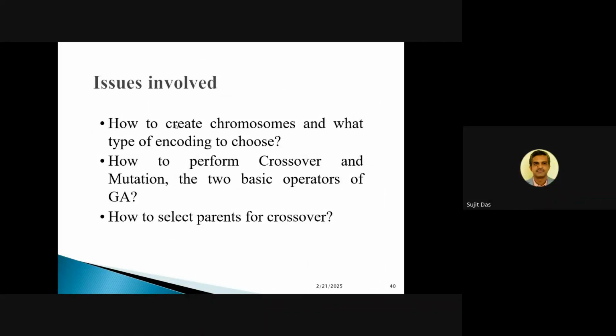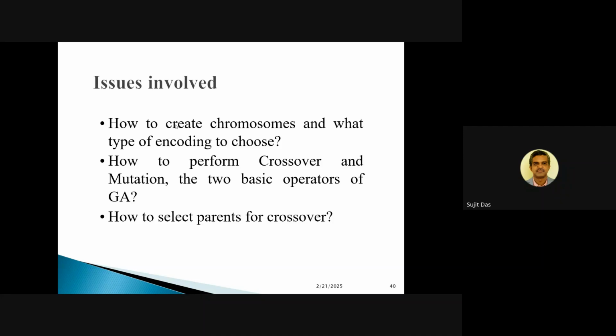Now let me briefly tell you the facts. I told you many things. Now, how to encode the chromosome, how to implement the crossover, how to implement the mutation, and what issues are there within these things.